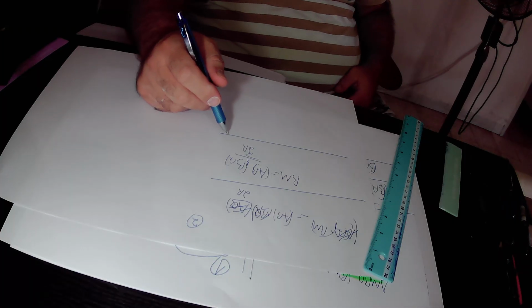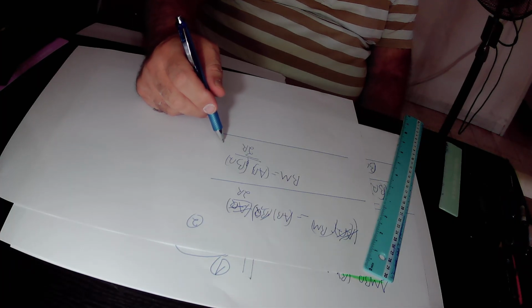Here we multiply this equation by R, and then we divide it by BM simultaneously.